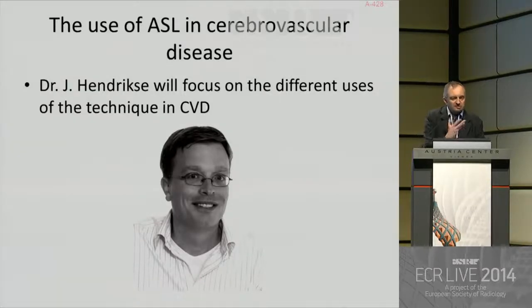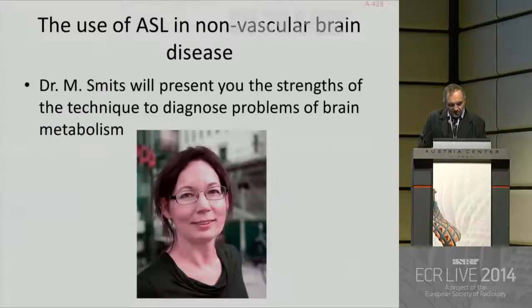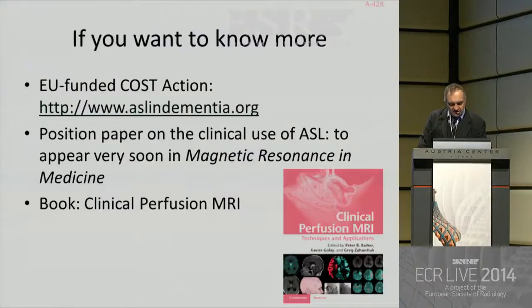So that's the first of the two cases I've shown, where the method can be used to detect a lack of delivery of flow to the tissue, while Marion Smith will then take you through the second aspect of the technique, where the measurement of perfusion will tell you something about the homeostasis of the organ.